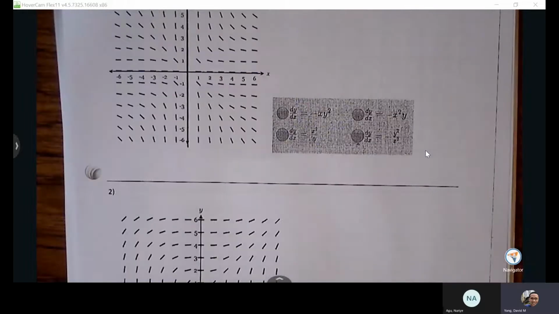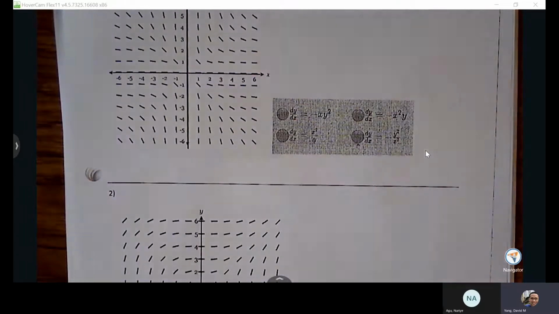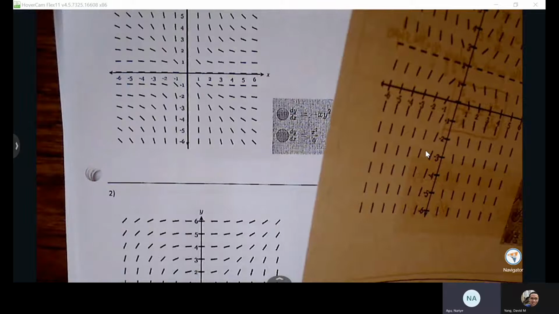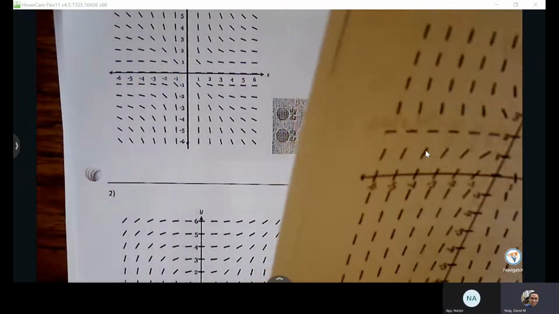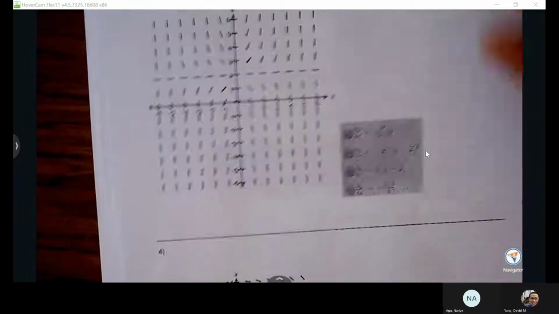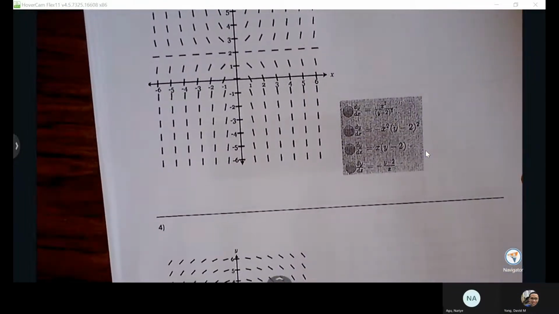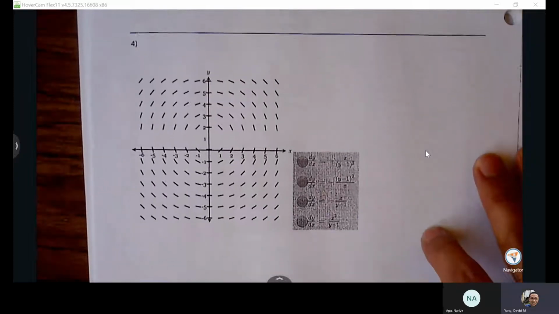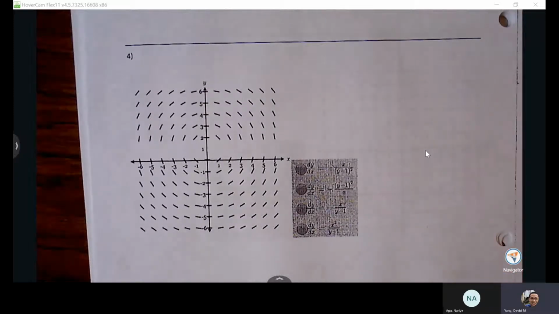So I think we did numbers 1 and 2 in class, right? Yeah. Okay, let's go to page 12. Let's look at number 4 here, page 12.